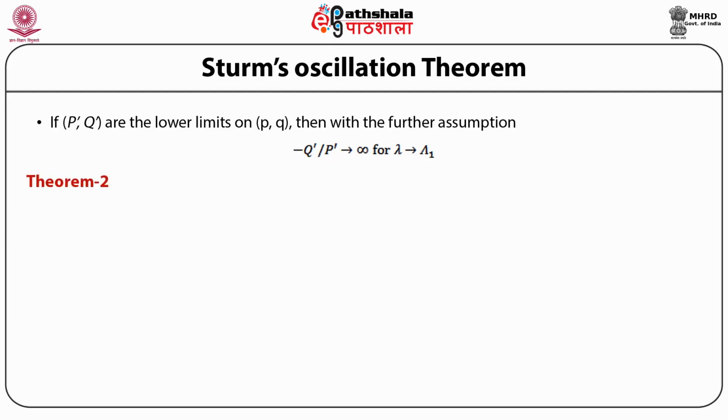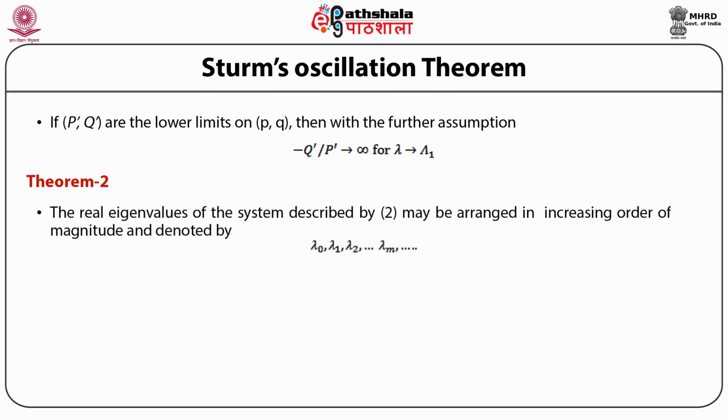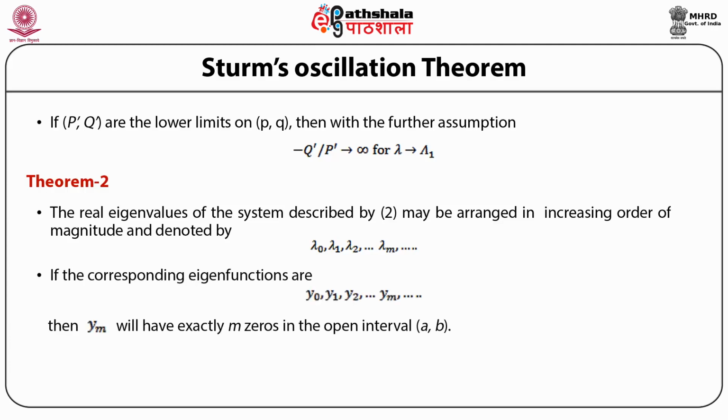This is theorem 2. The real eigenvalues of the system described by equation 2 may be arranged in increasing order of magnitude and denoted by lambda naught, lambda 1, lambda 2 and so on, lambda m and continues. If the corresponding eigenfunctions are y0, y1, y2 and so on, ym, then ym will have exactly m zeros in the open interval a to b.